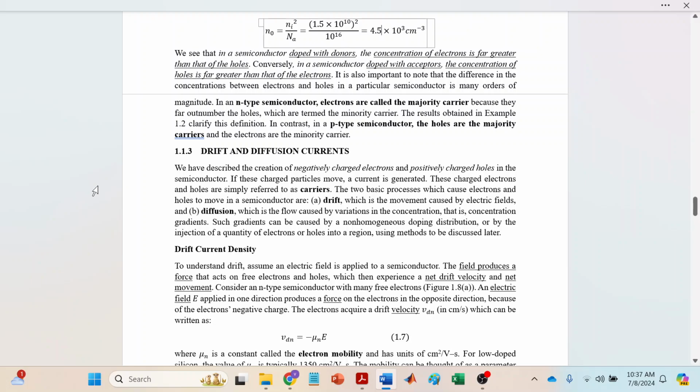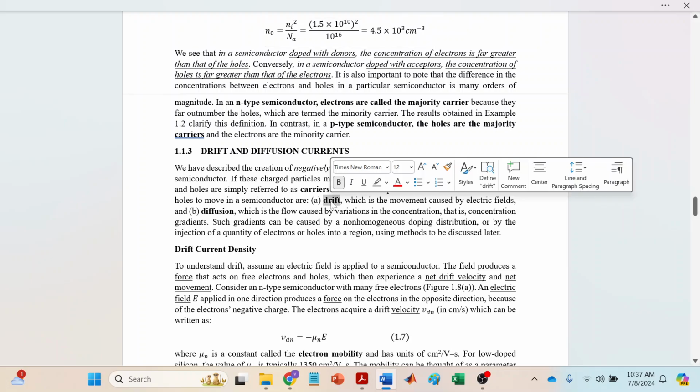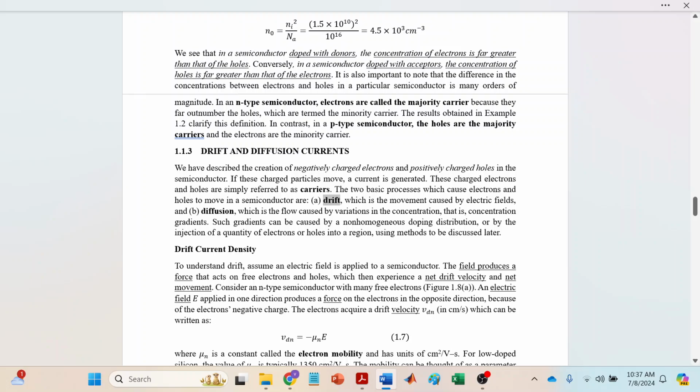So once you look at the two mechanisms by which current can be created in a semiconductor, those two mechanisms are due to drift and diffusion. So those are the two mechanisms.